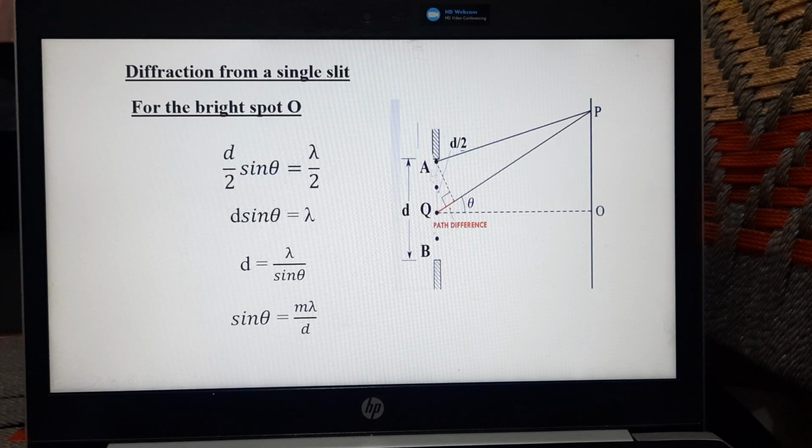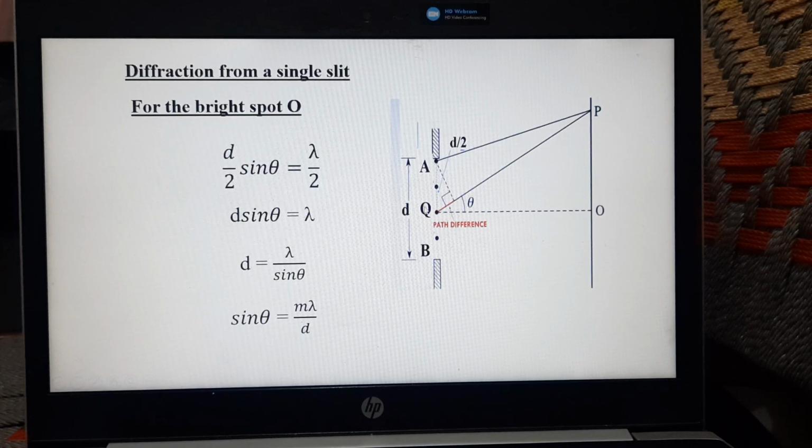The width of that single slit is AB, which is represented by d, and the midpoint of that slit is Q. Now, light rays are incident on the single slit of width AB or d, and two waves are considered, incident on the slit and interfering at point P after diffraction from this slit. This is ray 1, this is ray 2.